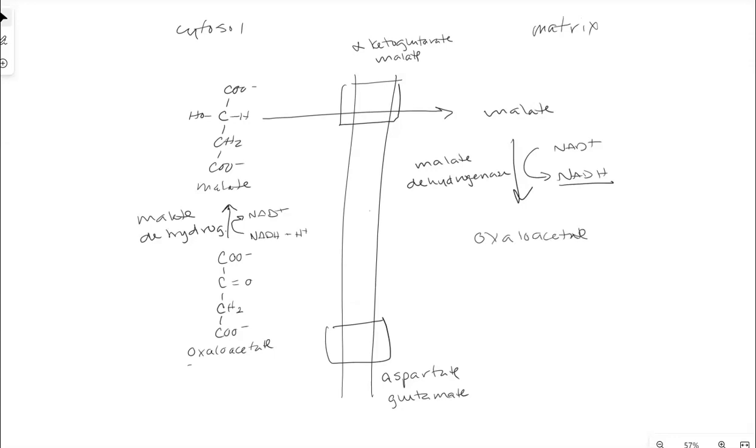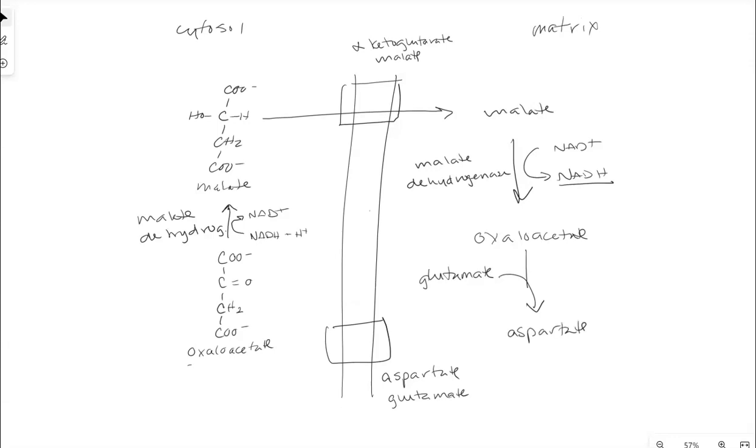Now, the oxaloacetate doesn't just go back through on its own, it actually has to react with a glutamate to form aspartate to go back through. So it gets a little bit complicated, but we have a reaction with glutamate forming aspartate.